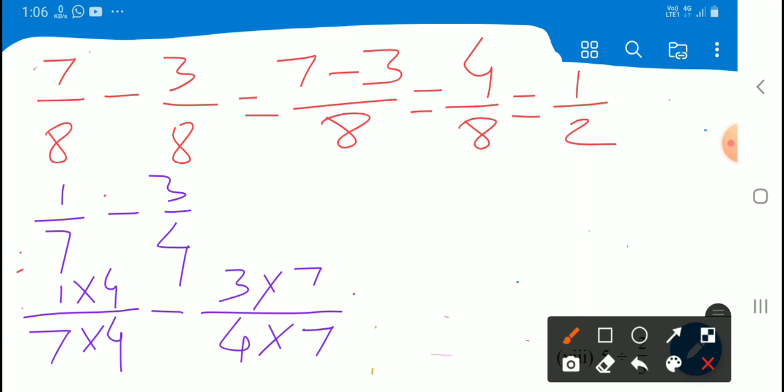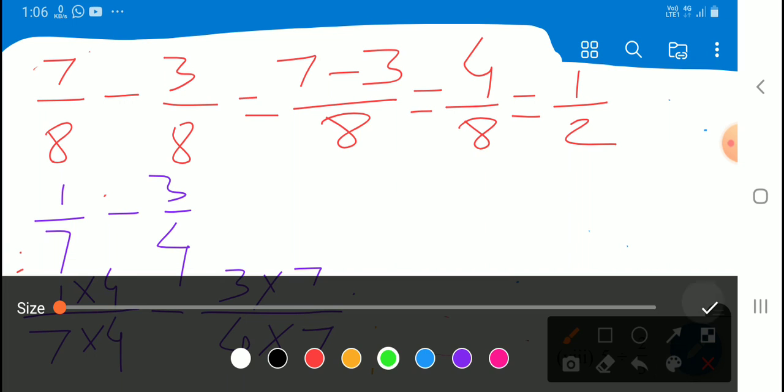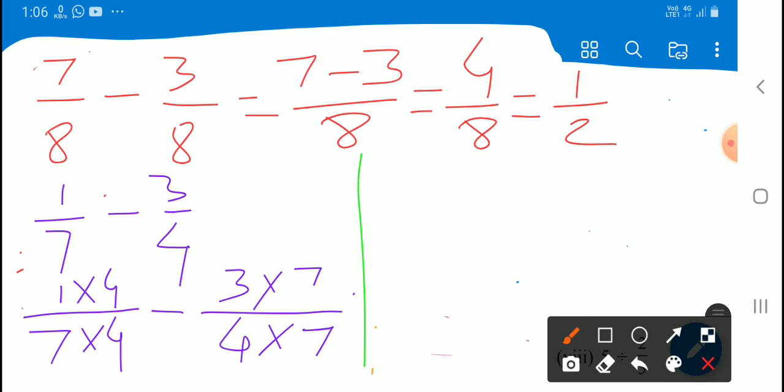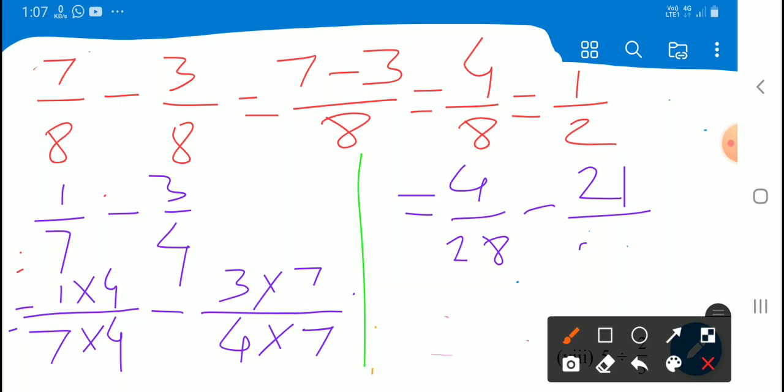So here 1 4s are 4, or 4 1s are 4, 28, minus 7 3s are 21, 28.